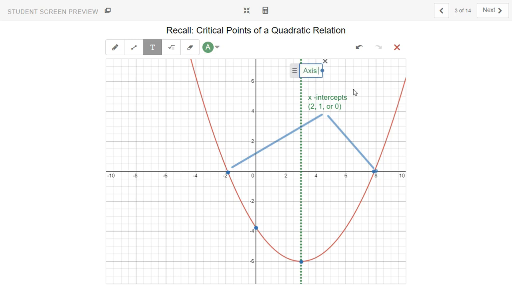We have our axis of symmetry, which is also equivalent to the x-coordinate of the vertex. Last but not least, we have our y-intercept, and we know that the y-intercept is easiest for us to find when we are in standard form, but really we can find it in any form, as long as we make x is equal to 0 and we solve for it.